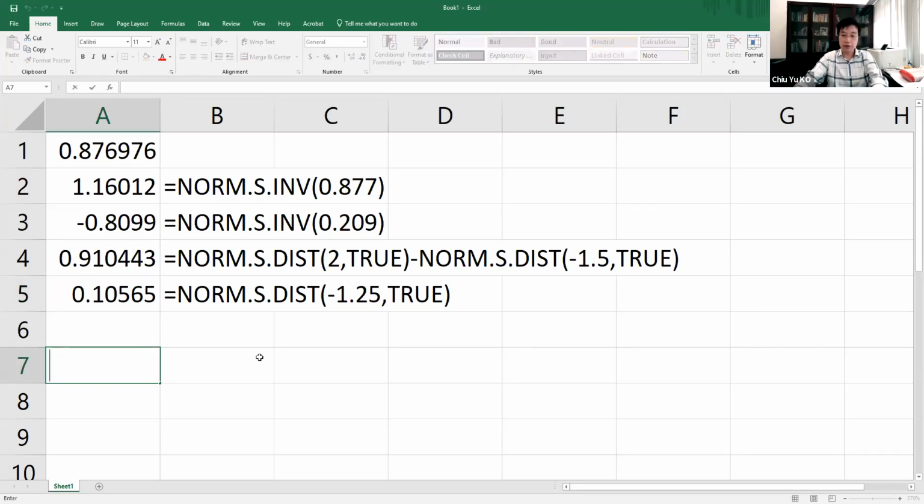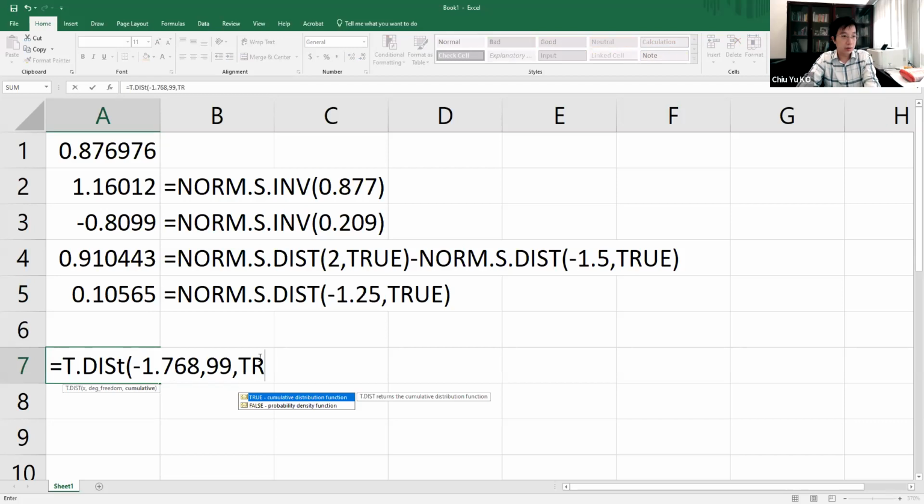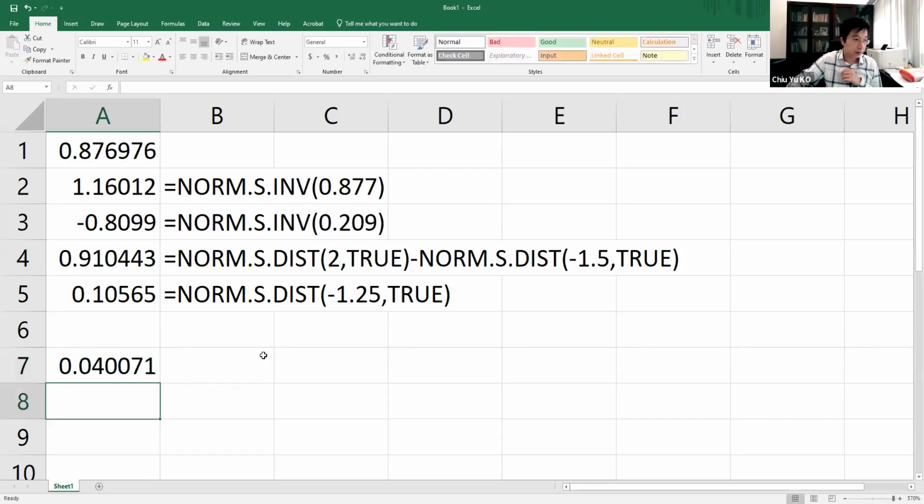Here we will be using the T distribution function in Excel, with negative 1.769, and then degrees of freedom 99, and then true. The only difference here is we need to input the sample size minus 1 as the second argument, that's why the comma 99.